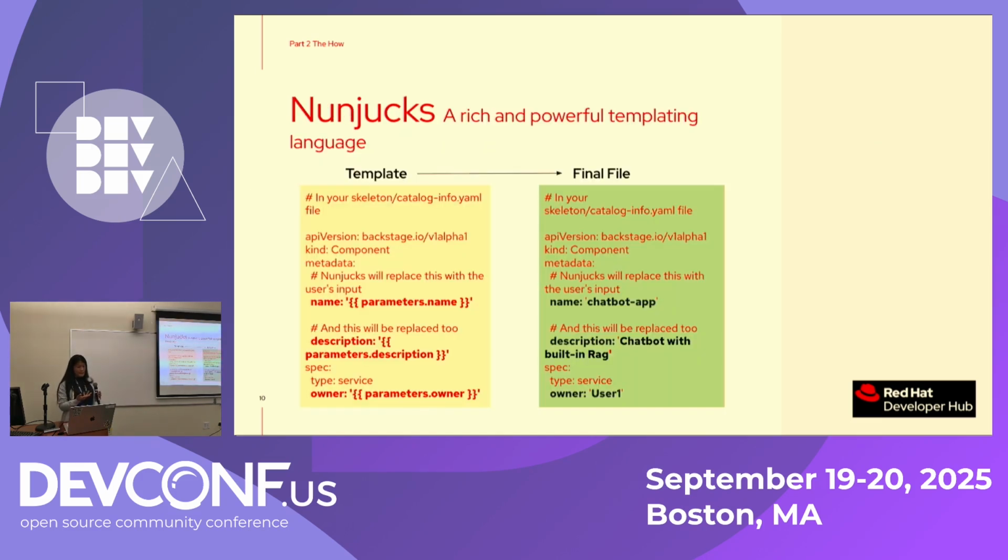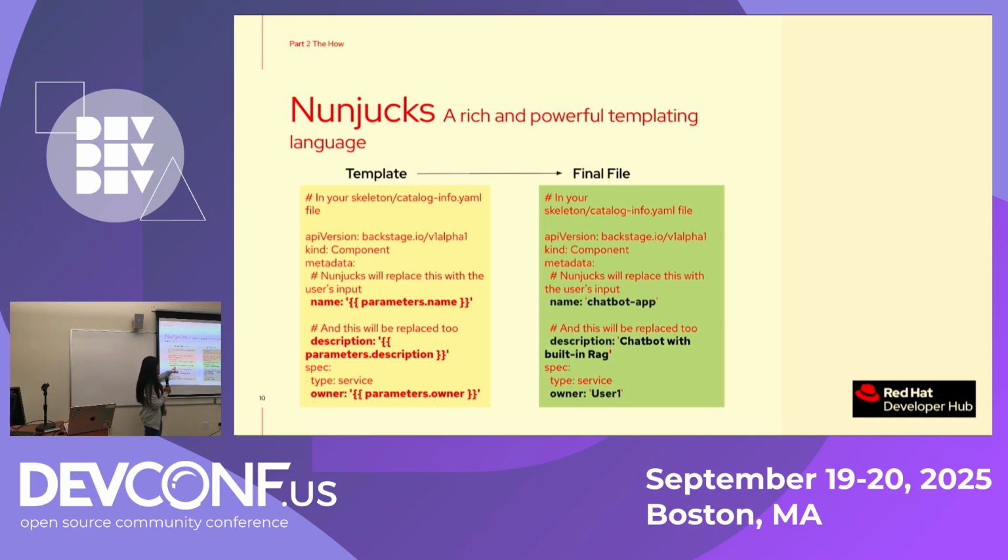So how does this template actually populate those files? Well, it's not just a simple search and replace. It uses something called Nunjucks, which is a powerful templating language. On the right-hand side, you have a template file, and you will use this repository to populate your end result.